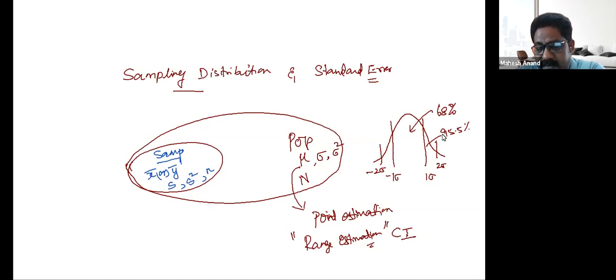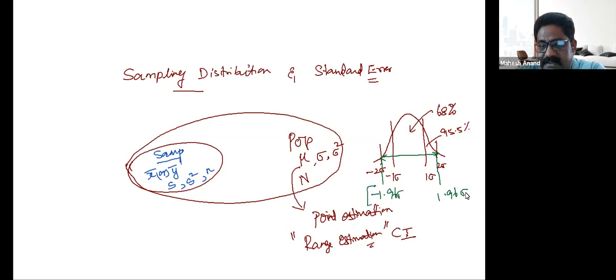for precisely 95%, what is the range of these sigma values? We can say this point is 1.96 sigma, and this portion is minus 1.96 sigma.